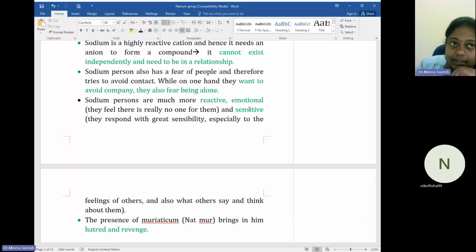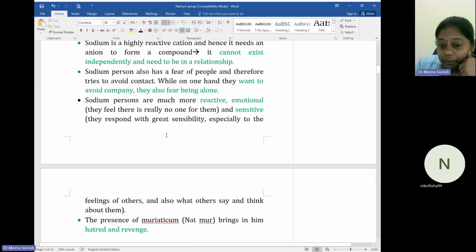Even some excess of light, noise, even music, they are extremely sensitive to those physical impressions, and they are also very sensitive to mental impressions. Any sudden unexpected things, even the slightest sad things, they will be gloomy for a long time.